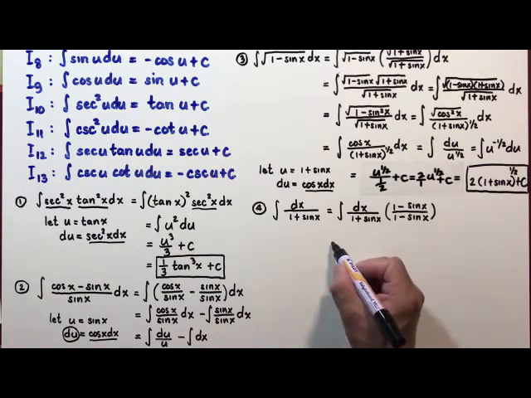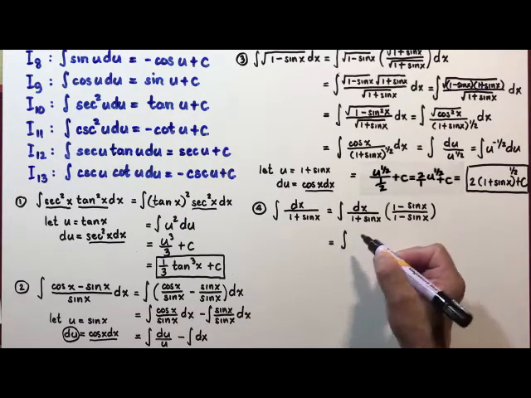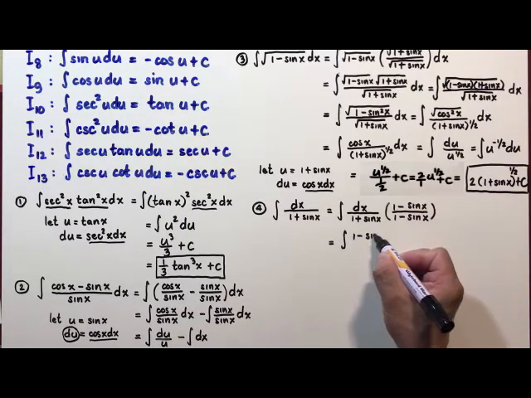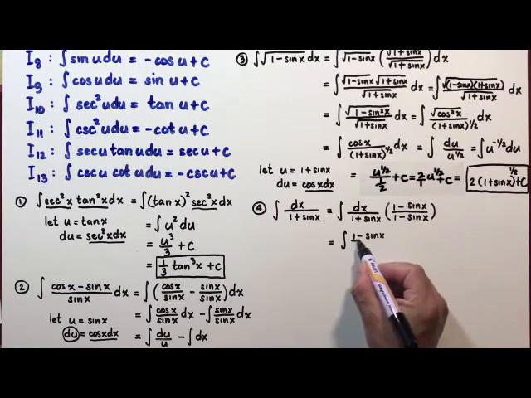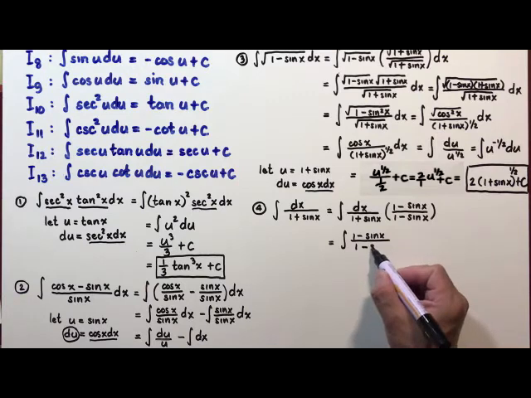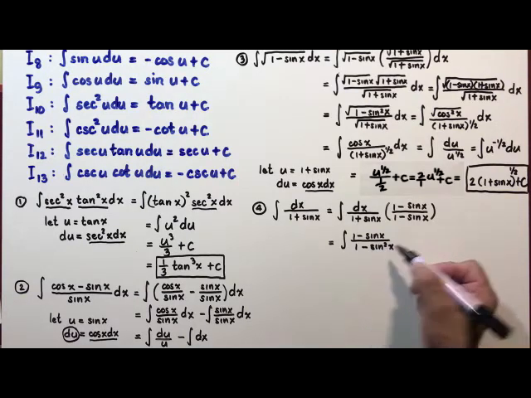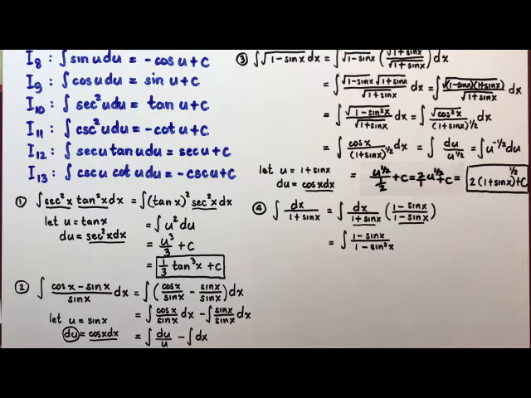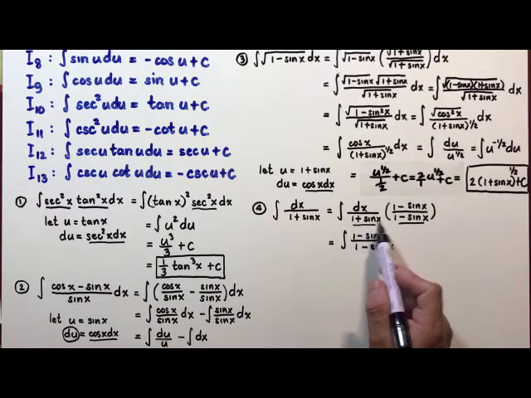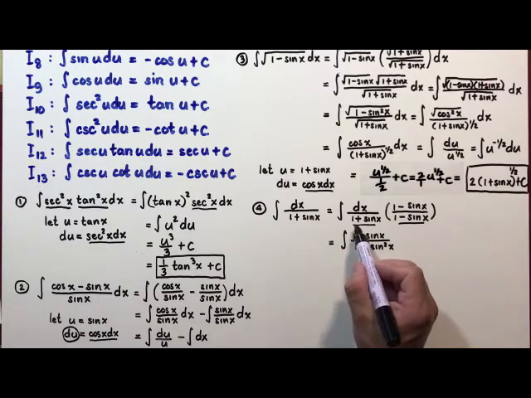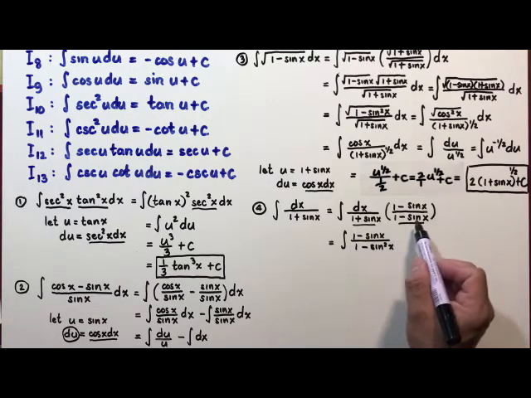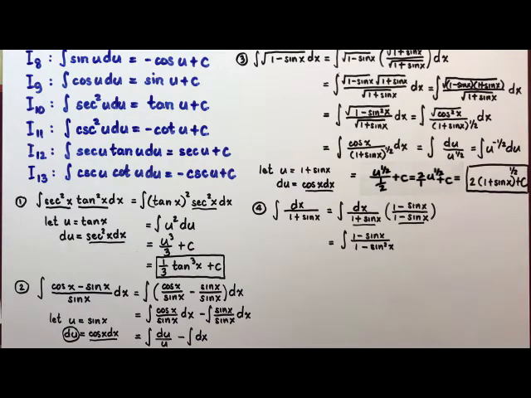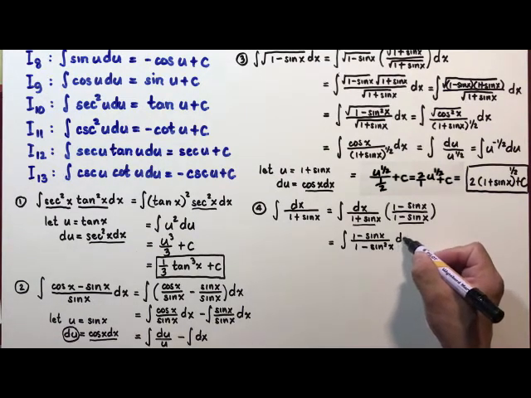So multiplying our numerators, we have the integral of 1 minus sine x over the denominator of 1 minus sine squared x. Why? Because this is a product of two binomials, which is a sum and difference. And the product of 1 plus sine x times 1 minus sine x is 1 minus sine squared x in our algebra. And we still have here dx.